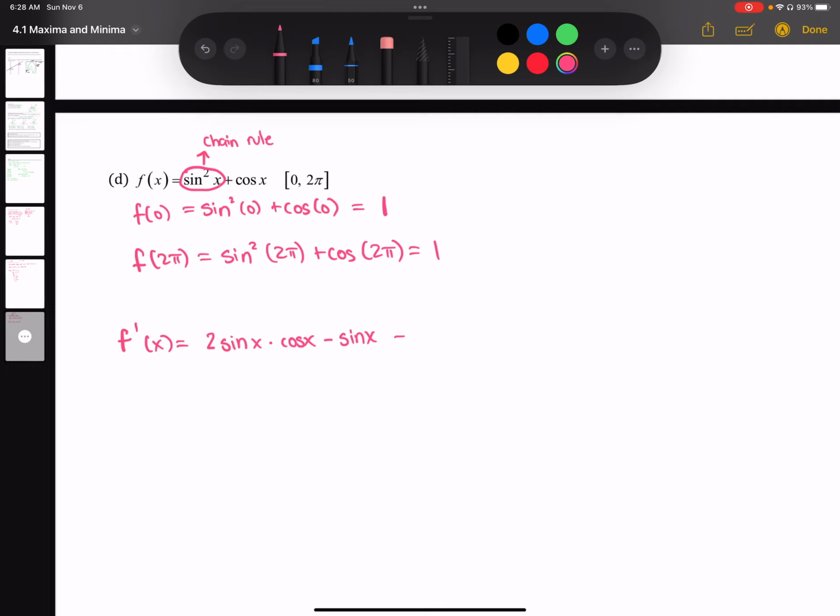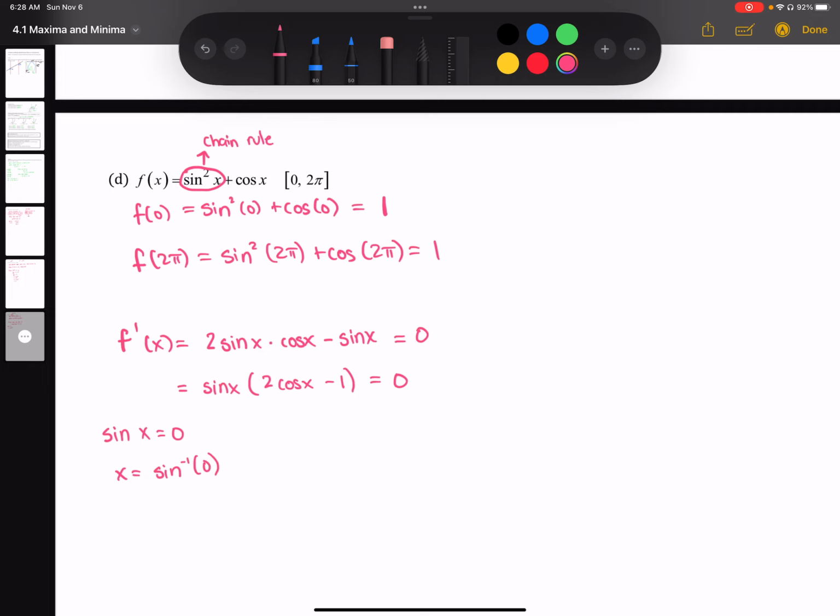And so we set our derivative equal to 0. So first thing we can do is factor out a sine x. So we get sine x times 2 cosine x minus 1, and that equals 0. So if sine x equals 0, what is true is that x is equal to sine inverse of 0.